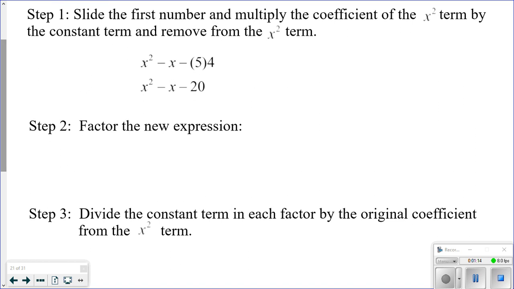So now, just like before, we can guess and check or use our t-chart. We're looking for numbers that multiply or are factors of negative 20 and combine or add to make negative 1. So go ahead and find what those two numbers are.